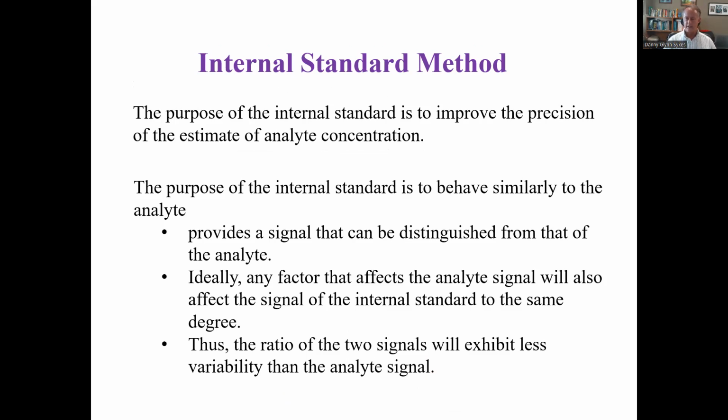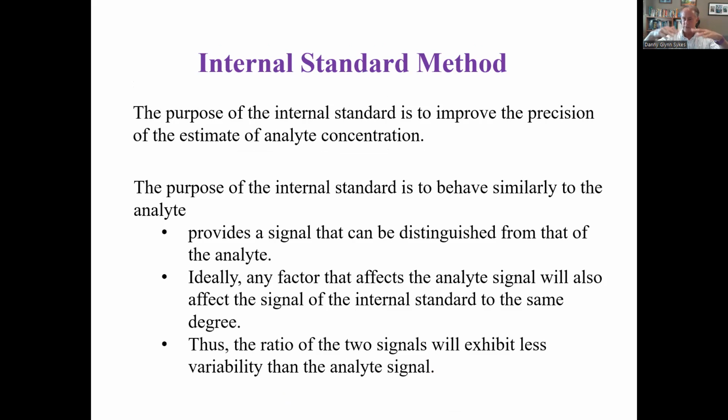And part of this, what it's saying is that every method has random error associated with it, especially for dealing with mass spec and flames and everything. And so what happens to the analyte, right, its signal can bounce around from one injection to the next. But if I had an internal standard that behaves very similarly, so will it, right?